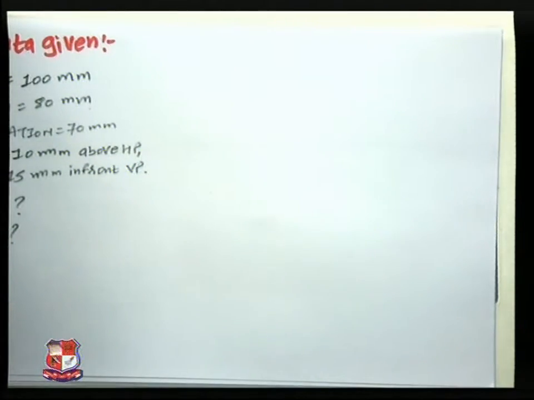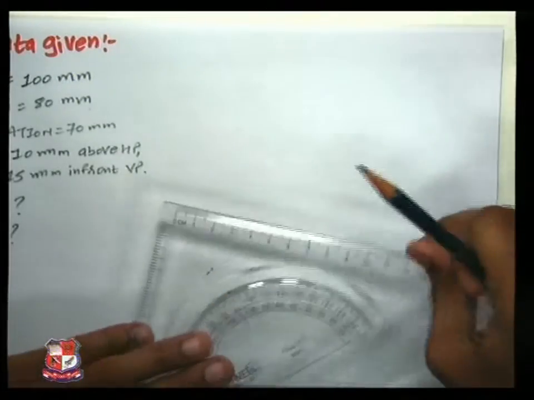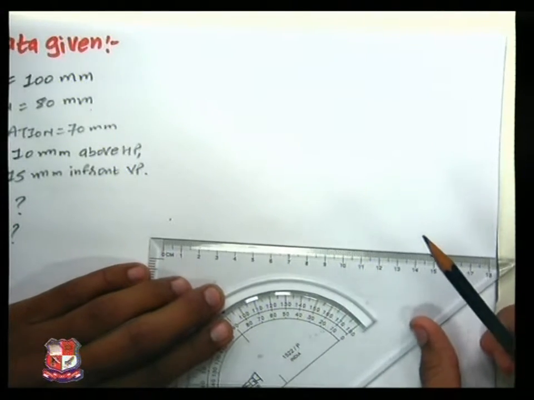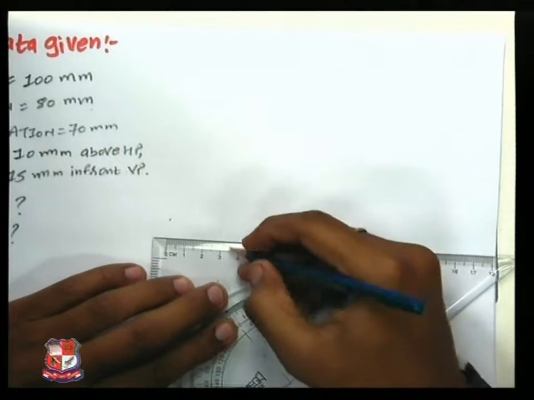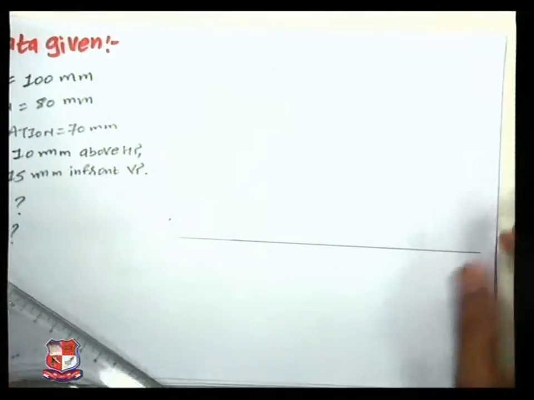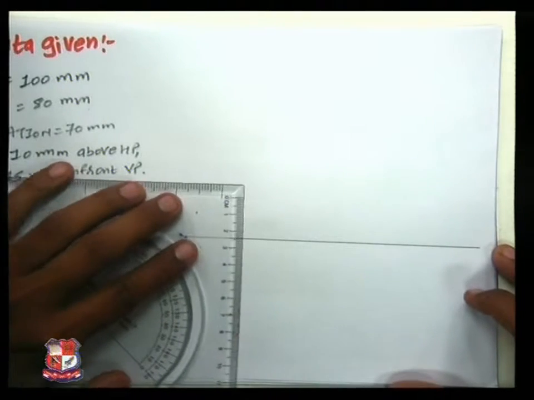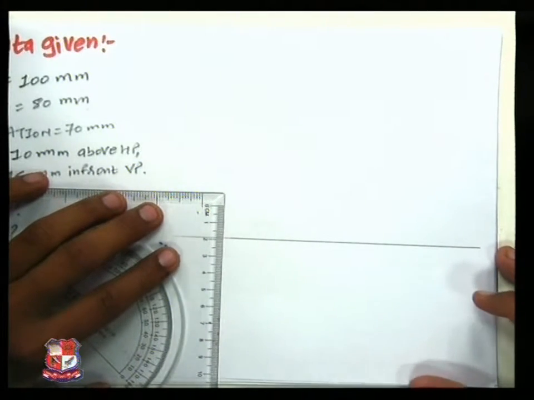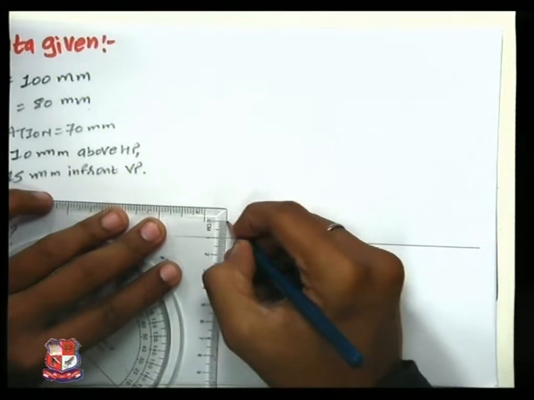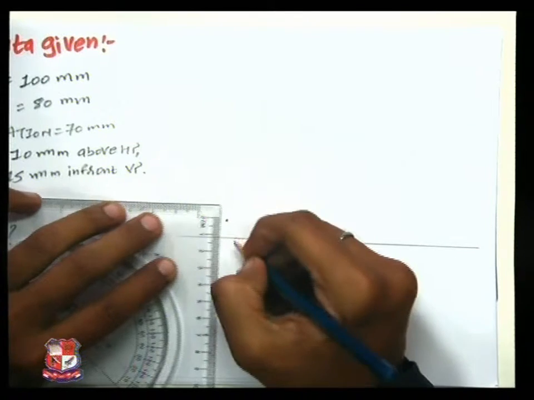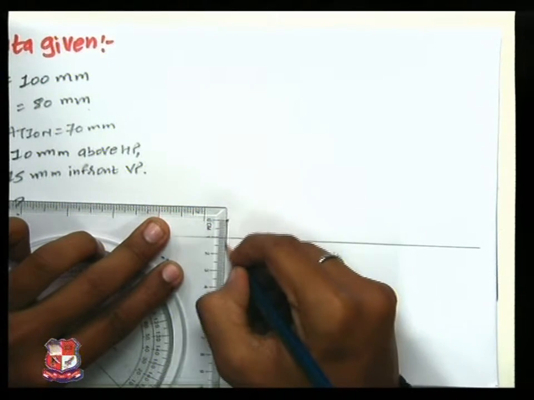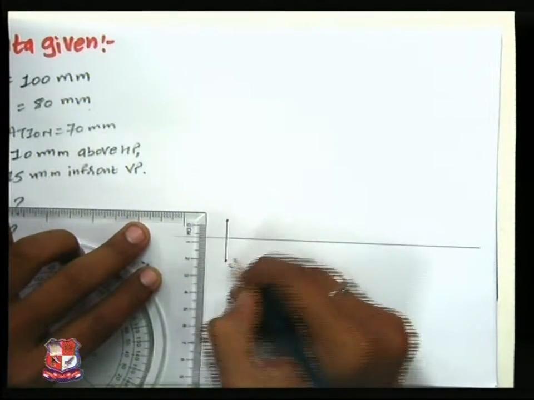As a reference, we are going to draw a horizontal XY reference line. Let's first of all plot the point P. Point P is 10 mm above HP, which means 10 mm above the XY line, and 15 mm in front of VP, which means 15 mm below the XY line.